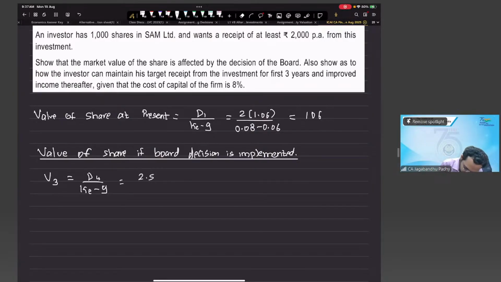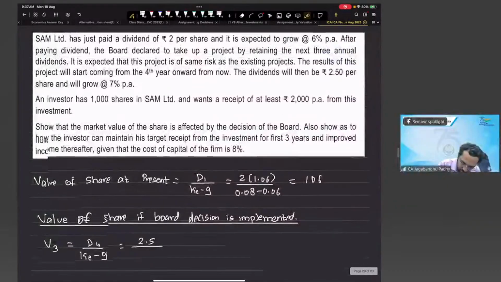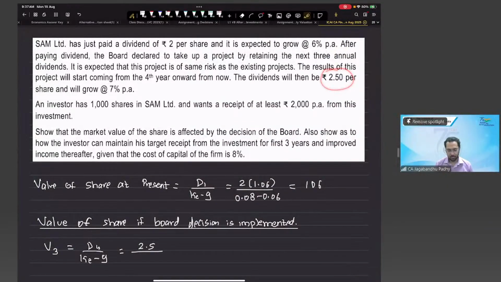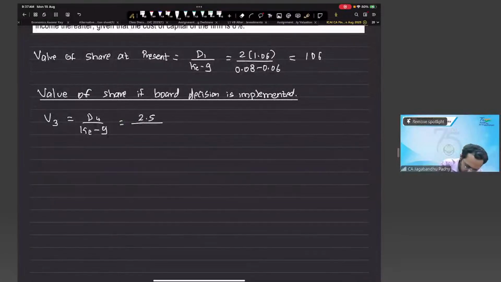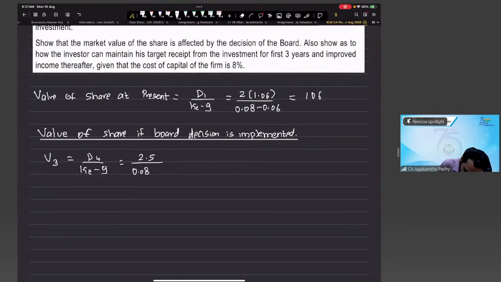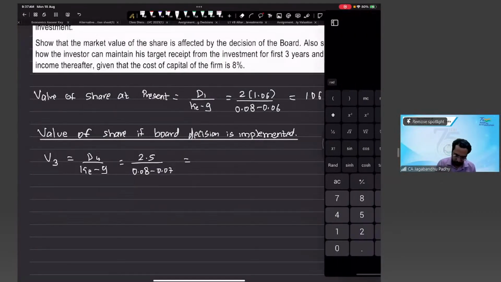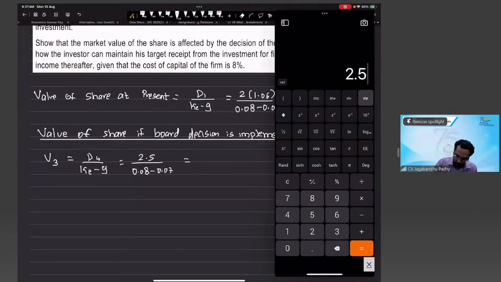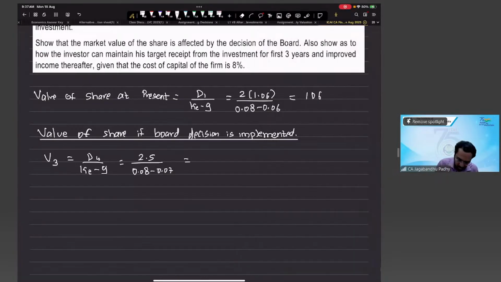D4 is 2.5, because if they retain it, they'll start giving out dividend 2.5 every year, and that's going to grow at 7%. So 2.5 divided by cost of equity, 0.08 minus 0.07, so 2.5 divided by 0.01. So the share price is 250.